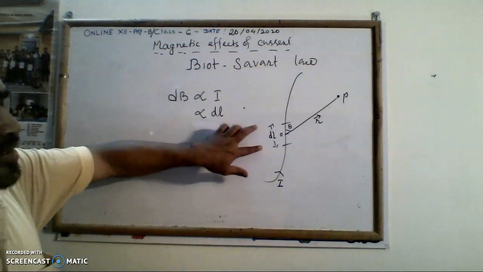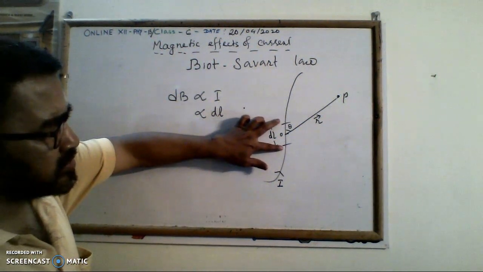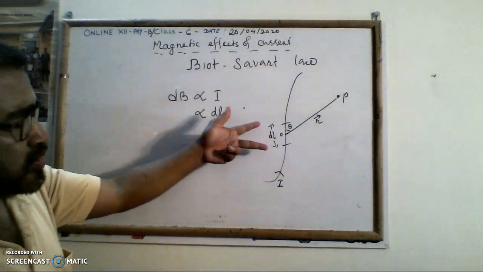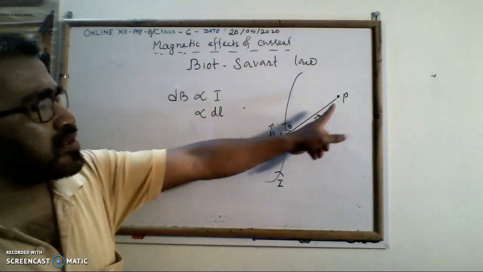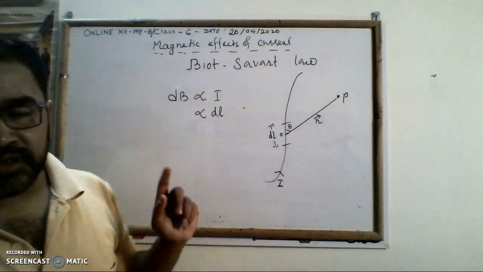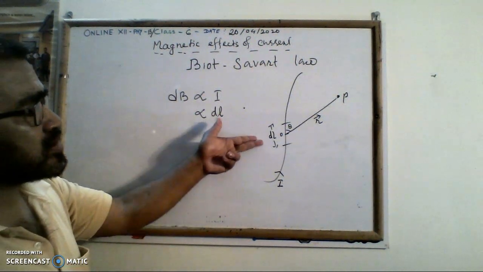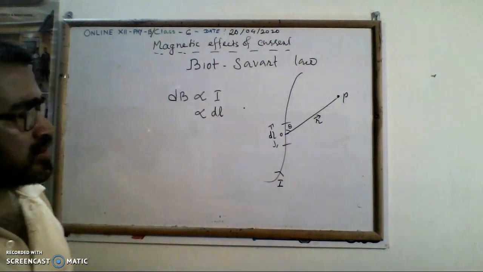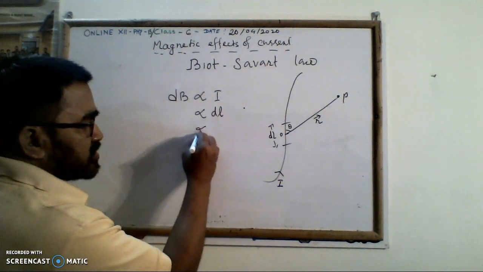If you expose this current element to this particular point, if you increase the value of dl, the effect will also increase. That is, the magnetic field induction will also increase when you increase dl. That is, dB is directly proportional to dl. The third factor is theta. Theta cannot stand alone.